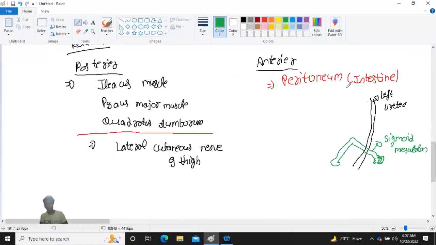And on the right side, right ureter, there is another mesentery present, which is called root of mesentery.